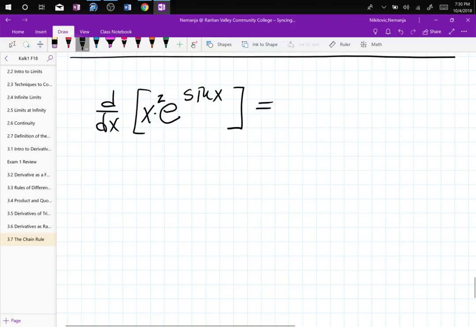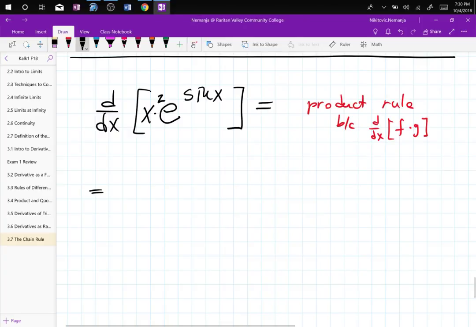So first I'm going to write the product rule, because we have the derivative of f times g.